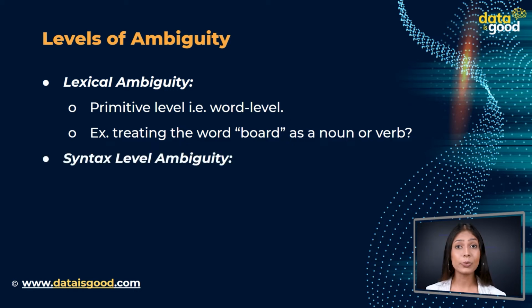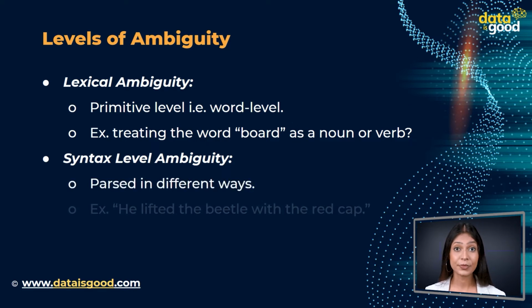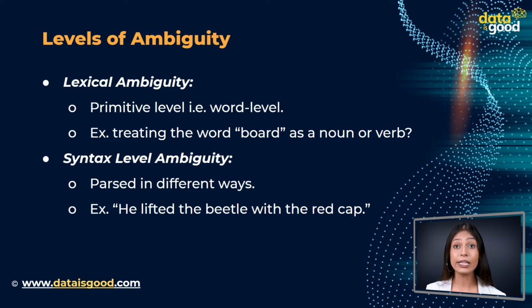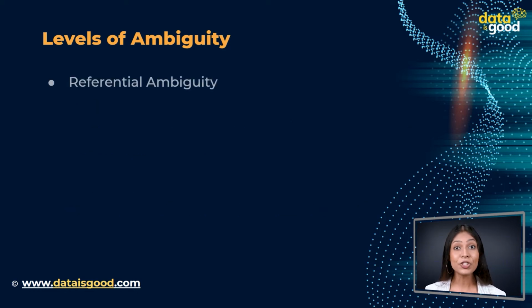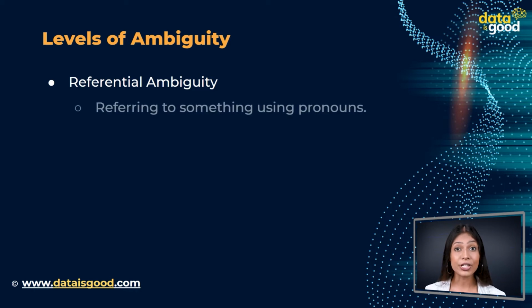Syntax level ambiguity is when a sentence can be parsed in different ways. For example, he lifted the beetle with the red cap. So did he use the cap to lift the beetle, or did he lift a beetle that had a red cap? Referential ambiguity means referring to something using pronouns.